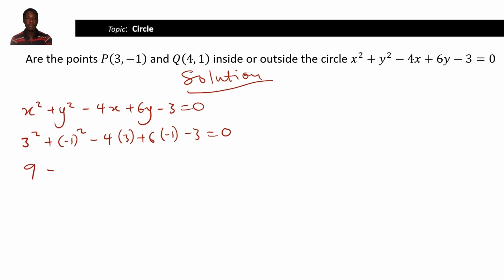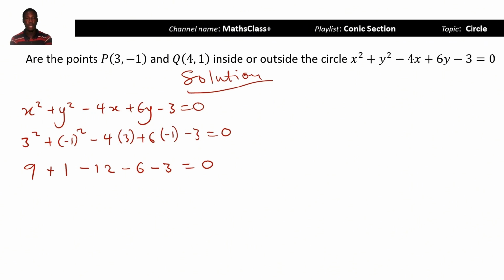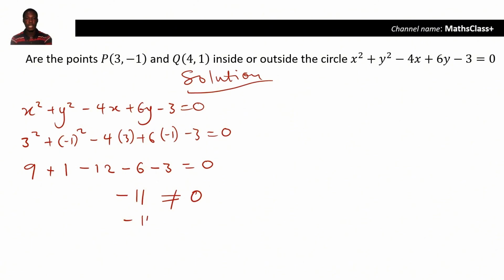So this is 9 plus 1 minus 12 minus 6 minus 3. 9 plus 1 is 10, minus 12 is negative 2, minus 6 is negative 8, minus 3 is negative 11. So negative 11 is not equal to 0. It is less than 0. So it means the point P, which is (3, -1), lies inside the circle.